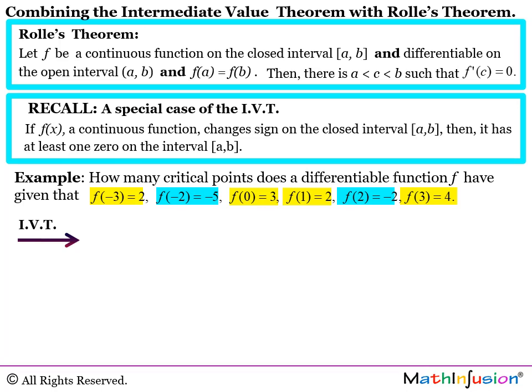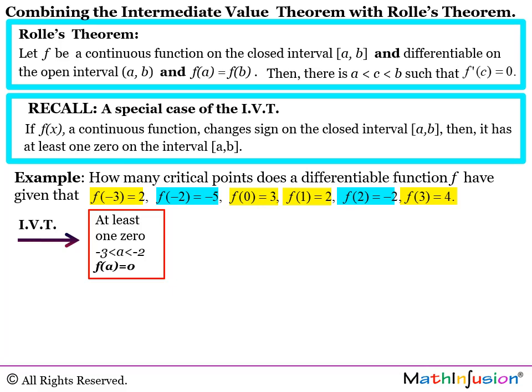By the way, the function is differentiable. It means that it's also continuous. And it means that I can apply the IVT and also Rolle's theorem as I wish. Because there is a change on the interval [-3, -2], there is at least one zero between -3 and -2.